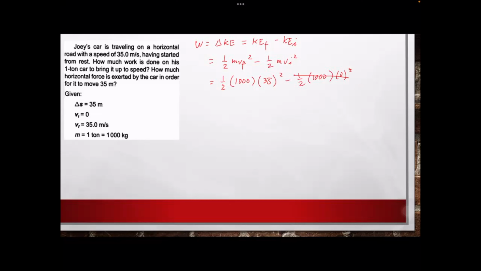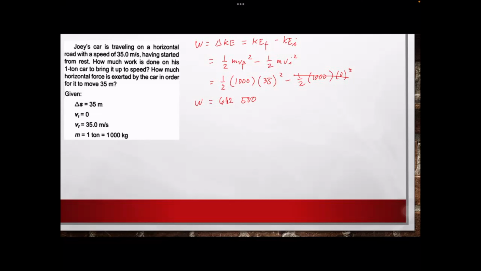What will be the work? Anyone? What's the answer? 600, okay, 600,000, 12,500 po. 600,000, 12... Wait lang.